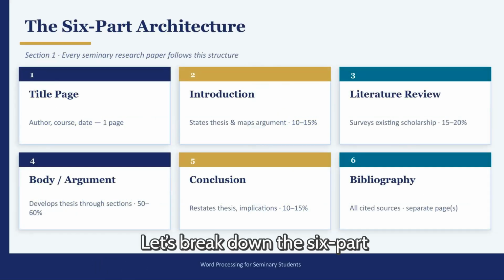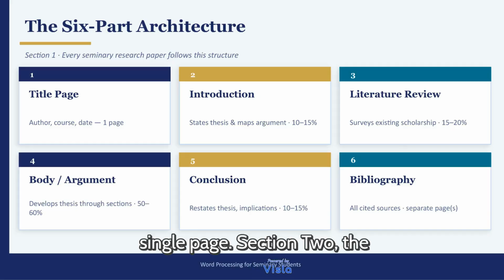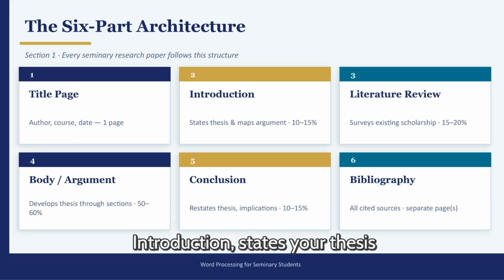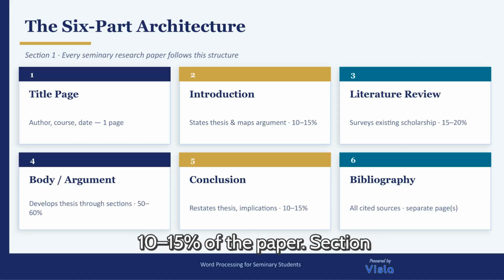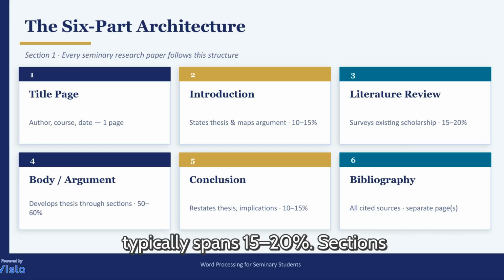Let's break down the six-part architecture of a seminary research paper. First, the title page is your cover, listing author, course, and date on a single page. Section 2. The introduction states your thesis and maps the argument in about 10 to 15% of the paper. Section 3, the literature review, surveys existing scholarship and typically spans 15 to 20%.